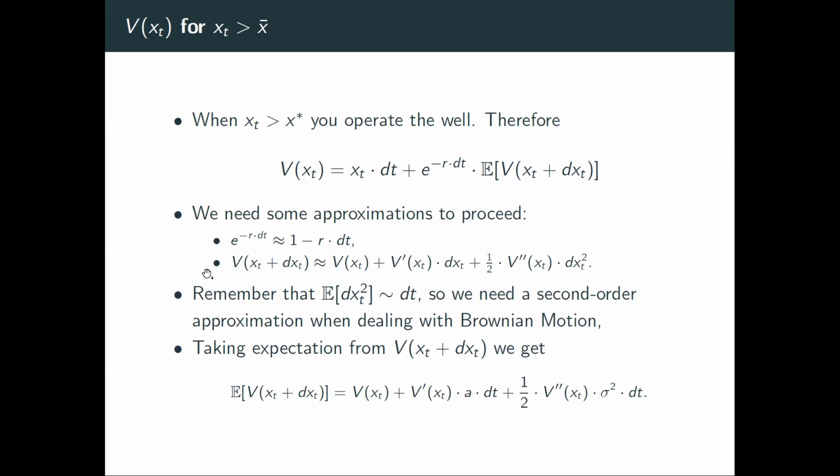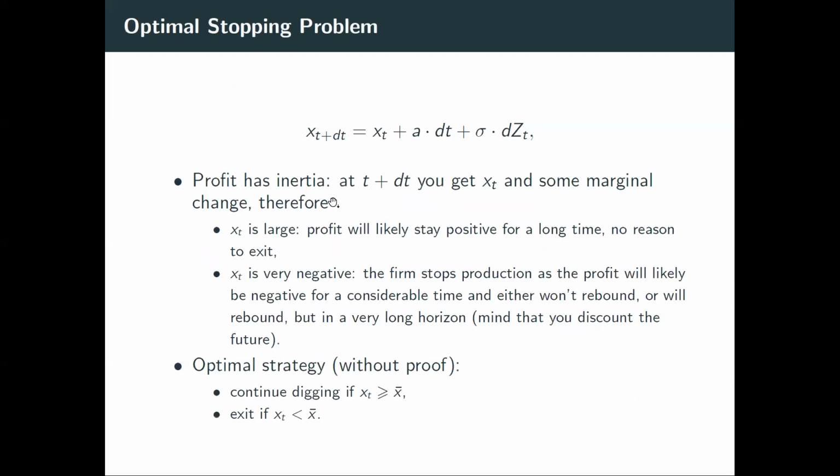Going back, we take the expectation of this expression. xt, as before, is just a constant for you. Here, when you take the expectation, again this is a constant, and here it's just the expectation of dxt. Let us look at what dxt is. This is a Brownian motion, how your profit evolves. dxt is the same, we just subtract xt from both parts. Therefore, the expectation of dxt is the expectation of the sum of these two terms.